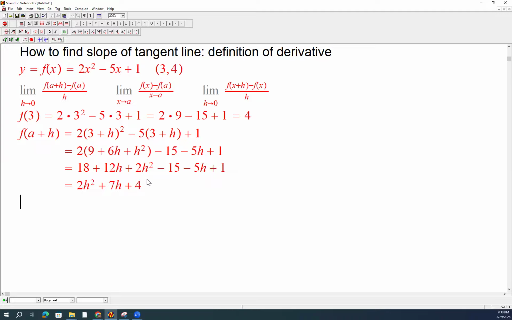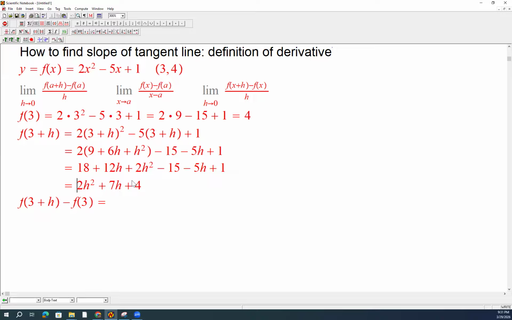Okay, so by this time, we're going to do the subtraction. Okay, that's f of 3 plus h, and I'm going to do minus f of 3. So this is 3 plus h.